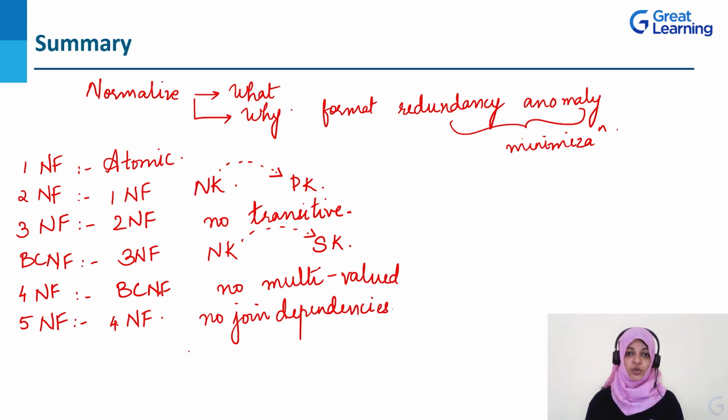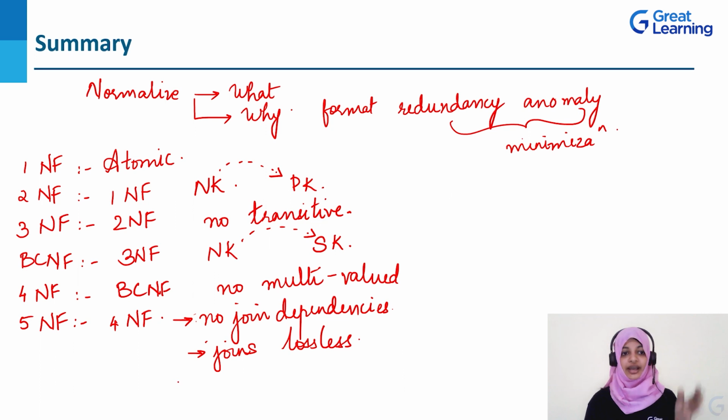A stipulation that was also carried out there was that any joins that you make later on should be lossless in nature. Thus, we've seen what normalization is, why we required it, and what the various types of normalizations are.